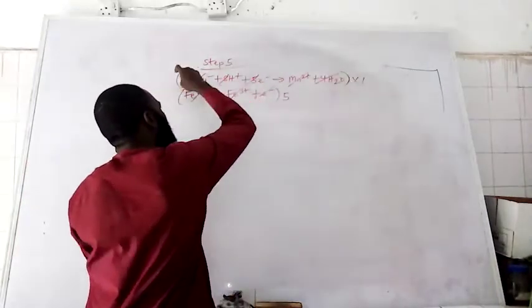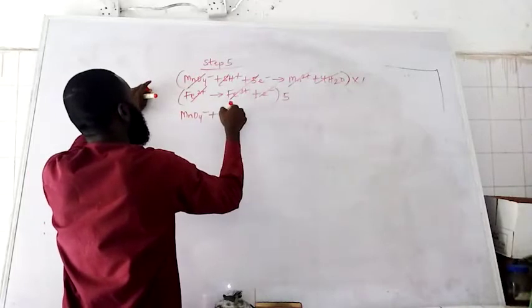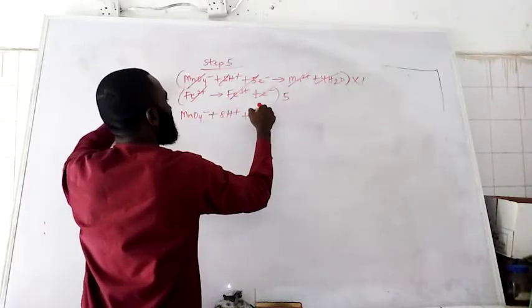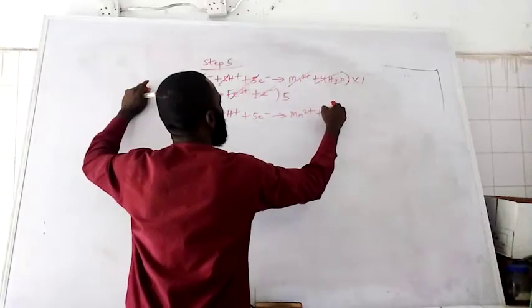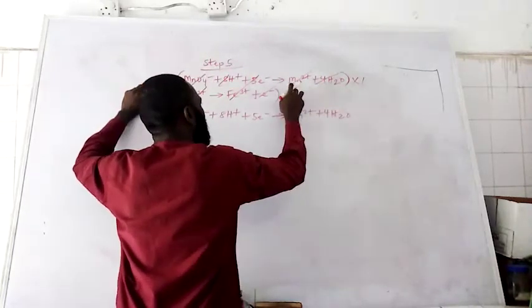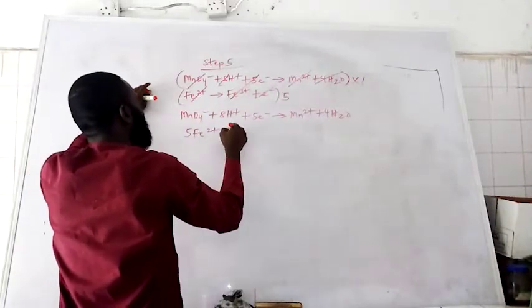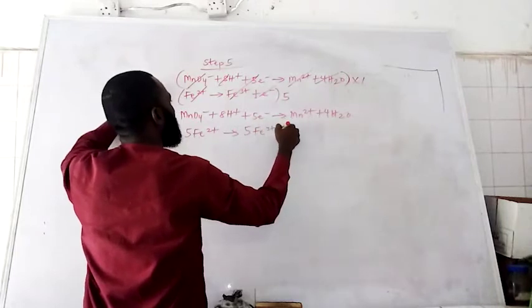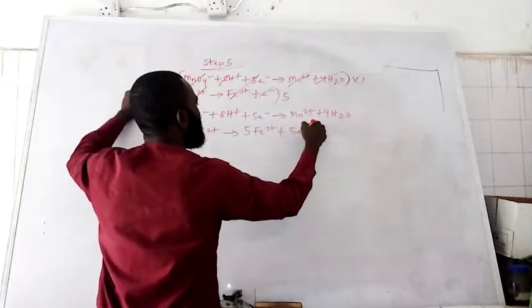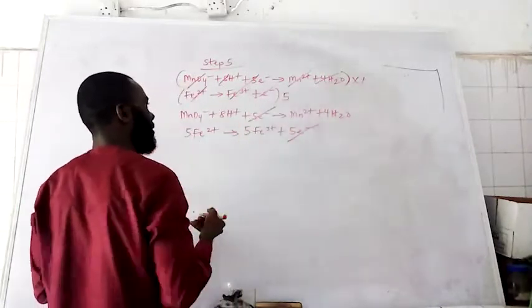1 multiplied by all of these, I'm still going to have the same thing, which is MnO4- plus 8H+ plus 5e-, yielding Mn2+ plus 4H2O. 5 multiplied by this, I will have 5Fe2+ yielding 5Fe3+ plus 5e-. The electrons can easily cancel out.